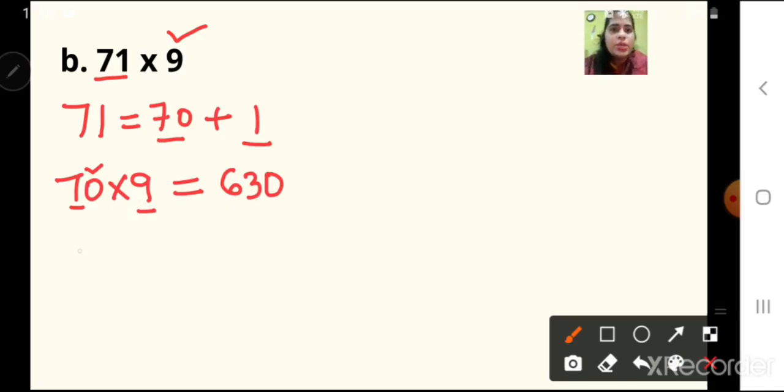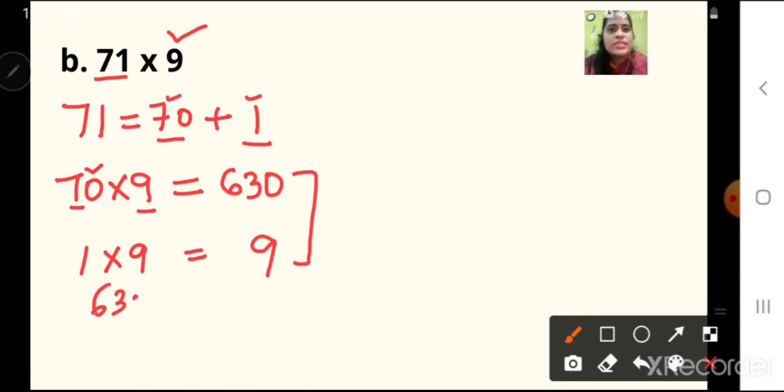After that we have 1. Correct. 70 we have multiplied. Now number 1. 1 into number 9 is equal to 9. Okay. So children, 70 and 1 both we have to multiply with number 9. Got it? Now we have to add the products that we have got.